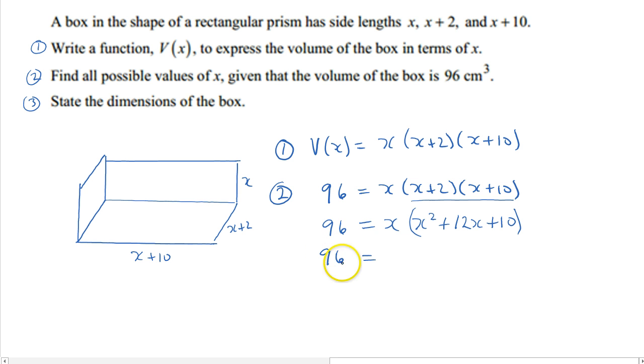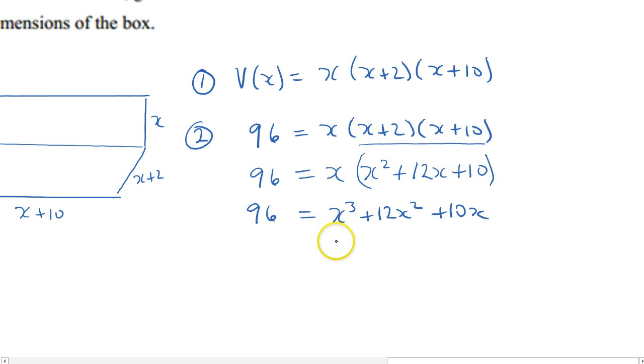So now I'll get x cubed plus 12x squared plus 10x. Okay, so now to solve for x, like I've done before, I'm going to subtract 96 from both sides, so it's equated to 0. So I get x cubed plus 12x squared plus 10x minus 96.